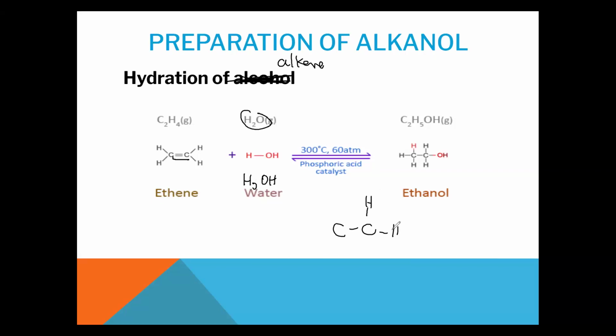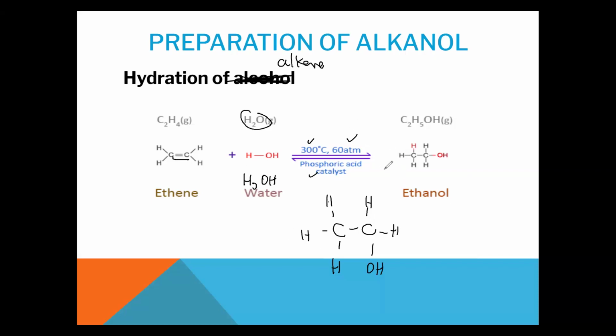We had a H here and a H here. And then to one carbon in the double bond, we will add H, and to the other, we will add OH. So this is ethanol. The reaction is catalyzed with a temperature of 300 degrees Celsius, 60 atm, and we use concentrated phosphoric acid as the catalyst.